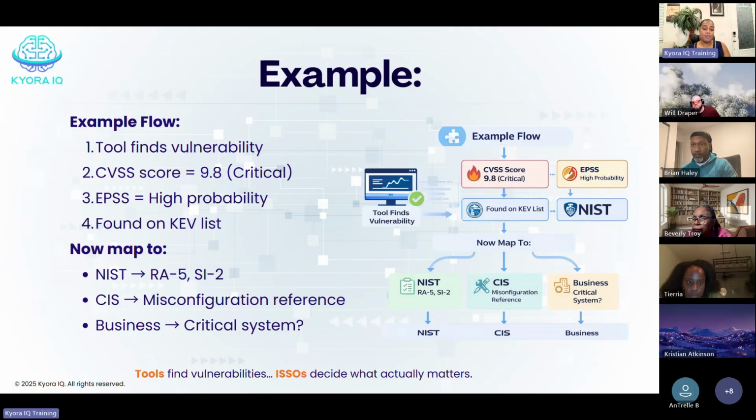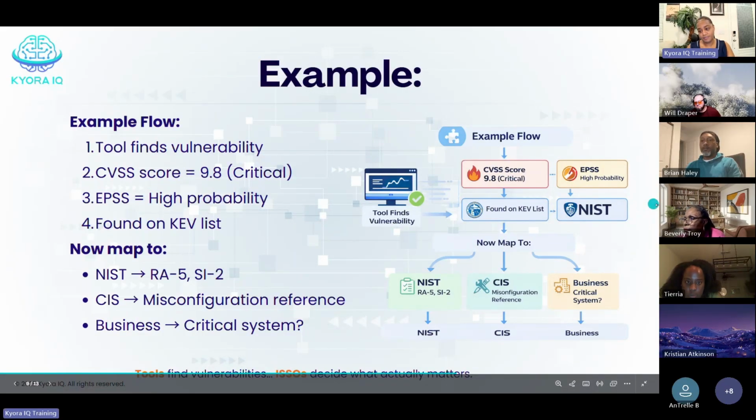And then you map to NIST controls, CIS misconfigurations, and business critical systems. I created a little image to show you that example flow, and you'll have this in the training material so you can go back and reference it. The tool finds a vulnerability and it all flows like this.